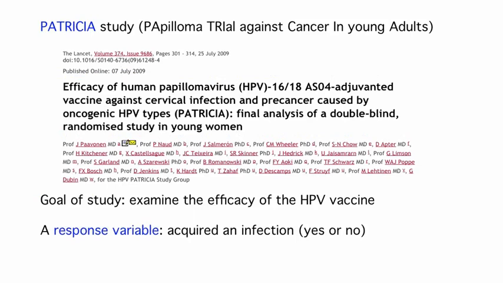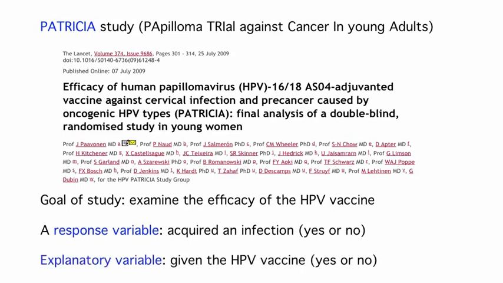In this situation, we have a categorical response variable with two categories. Yes, the subject acquired an infection in the study period, or no, they did not. In this example, the explanatory variable is also categorical. We believe that getting the vaccine affects the chance of getting an infection, and the explanatory variable is the vaccination status, with possible values yes or no.